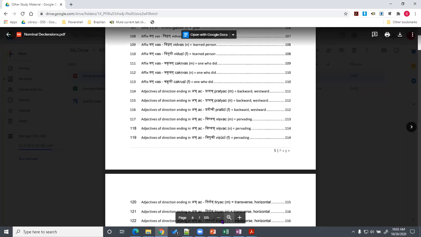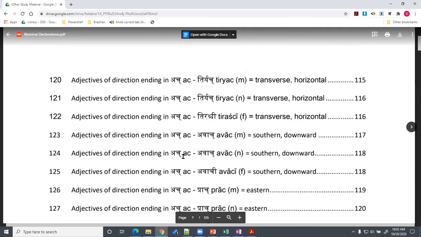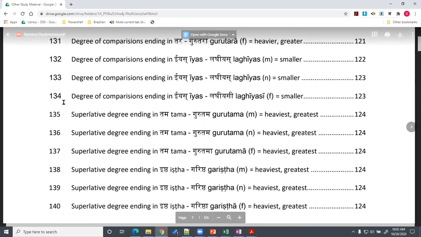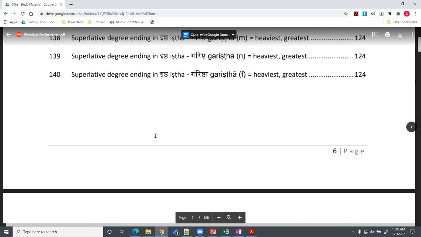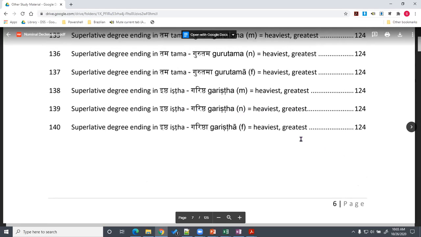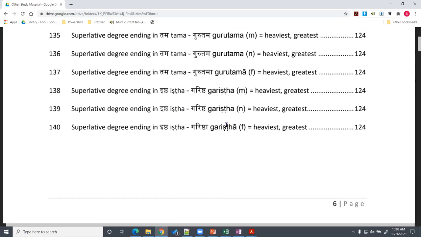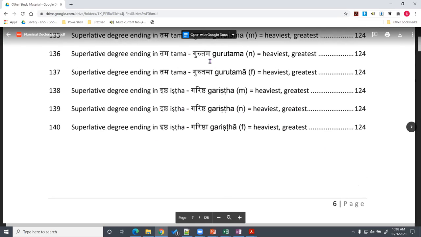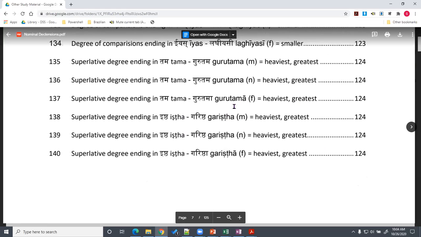As you can see, this book. Wow, there are 140 forms, but these are not forms you have to memorize. He has taken the time to update every single thing, but many of them are simply saying that this is ending in akara, so this is similar to Rama.